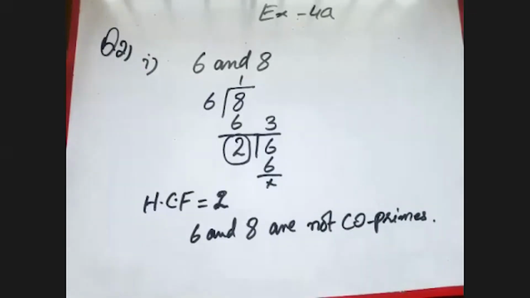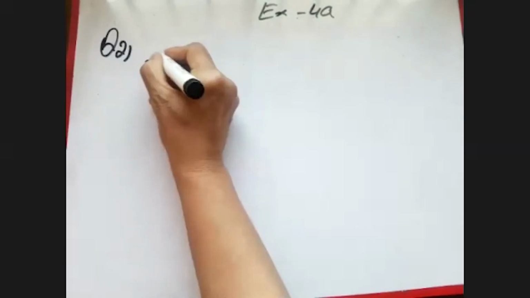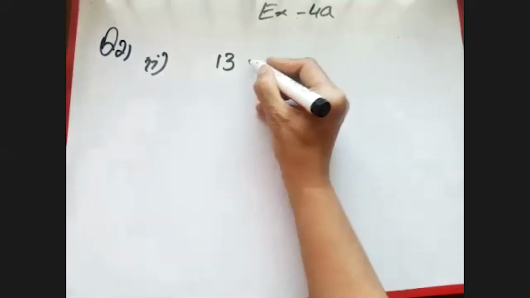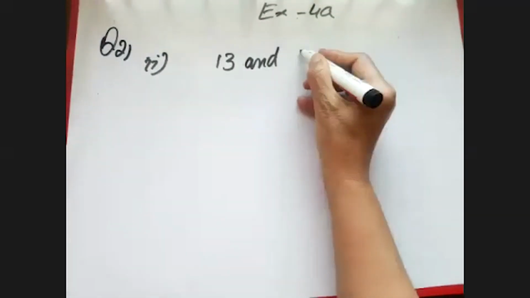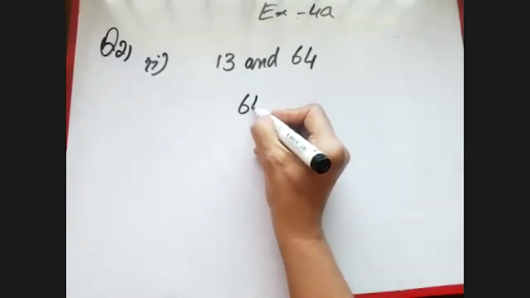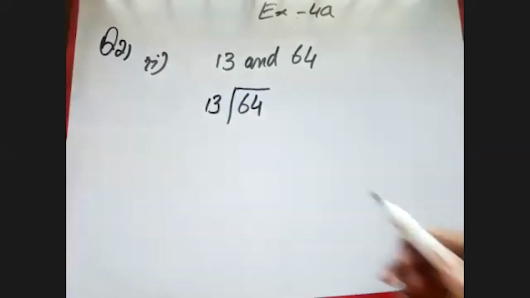Second part. 13 and 64. So 64 is the greater number. We will make it the dividend and we will divide it by 13.